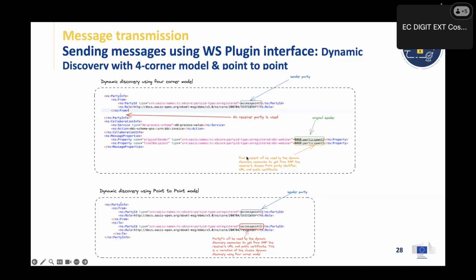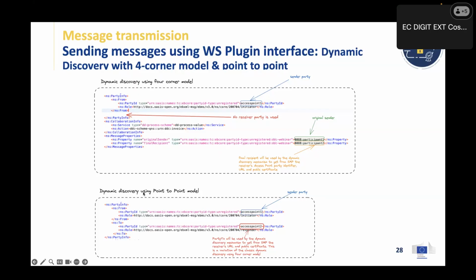So when sending messages from C2 to C3, Domibus will take this value and the type and will perform the dynamic discovery lookup in SMP. We retrieve from SMP the identifier using the certificate CN value, the URL of the access point, and the public certificate of the access point. And then once it has these values, it is able to send messages.